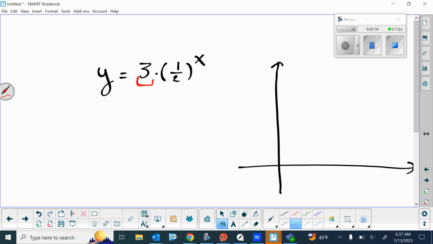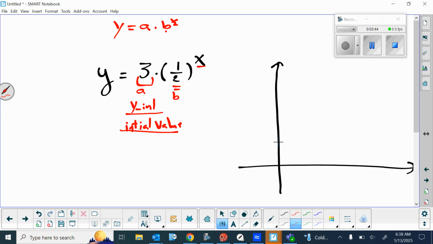I know this is the number that represents the a, and this is the number that represents the b, because exponential will always be a times b to the x power. And you see how b is the base that carries the x. So this is my base, and this is my y-intercept. The y-intercept will always be the initial value. That's the value you start with, the initial value for your real-life situation.